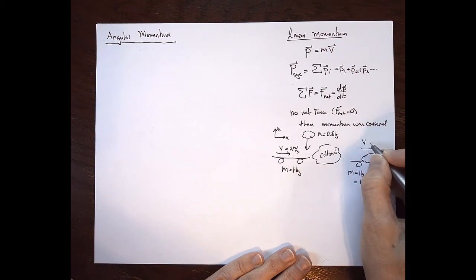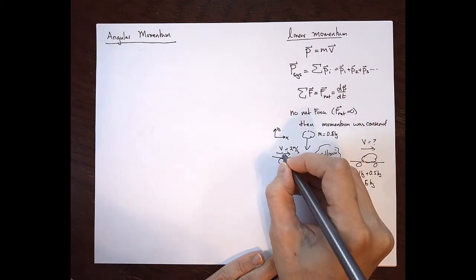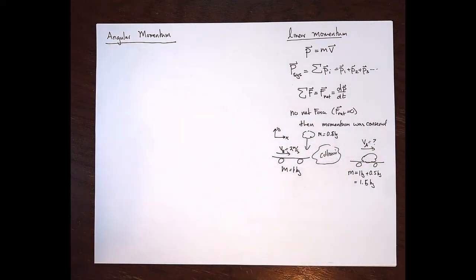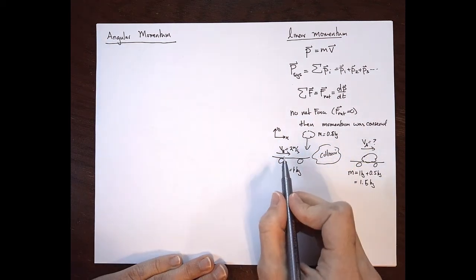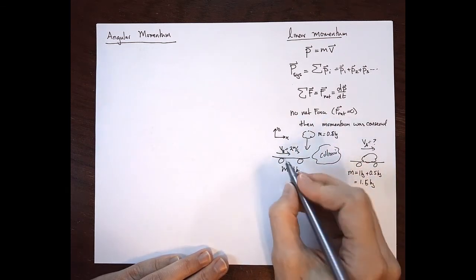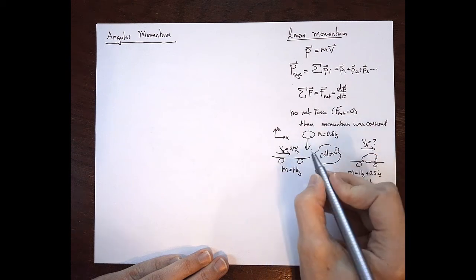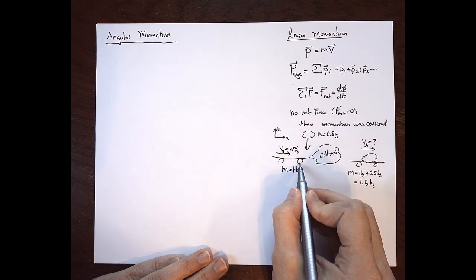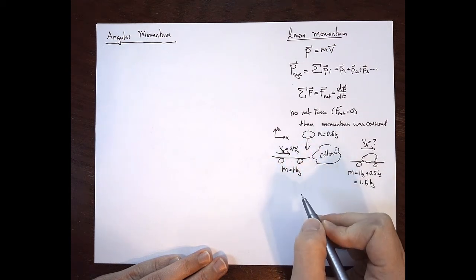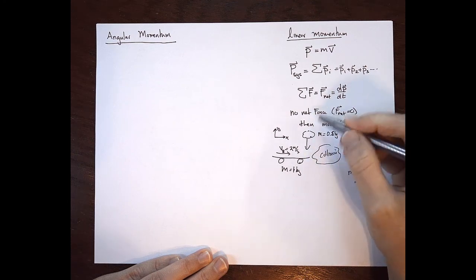And it'll have a new velocity, which we don't know yet. But we had the velocity before and the velocity afterwards. And looking at this, we can see there is no net force in the x direction. Because it's traveling along, the only forces we've got are like the normal force from the ground on the skateboard, and then the gravity force on both the skateboard and this blob of clay, but those are all vertical.